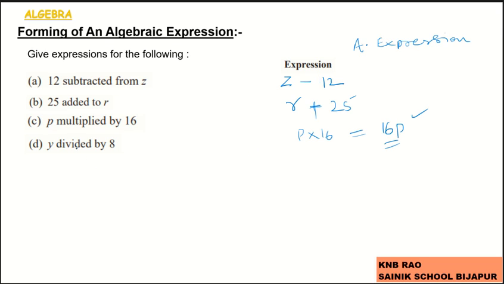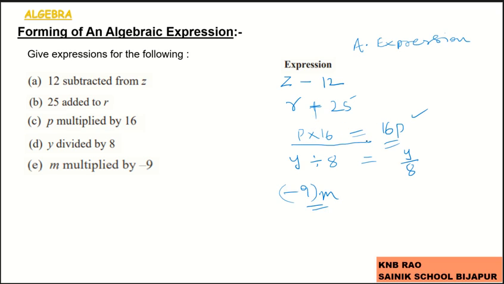So who is divided? y is divided. By whom? 8. Normally we write it as y upon 8. Another example is m multiplied by minus 9. That means minus 9m. I can write straight away like this.